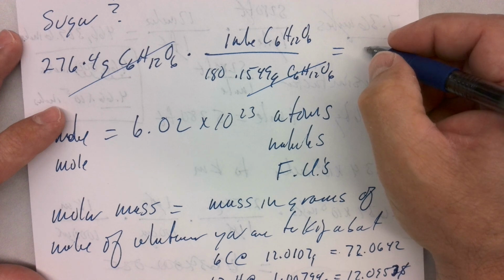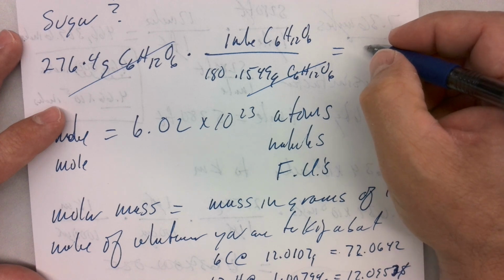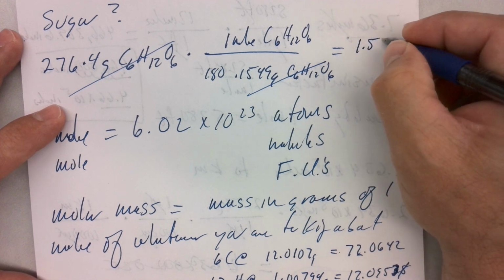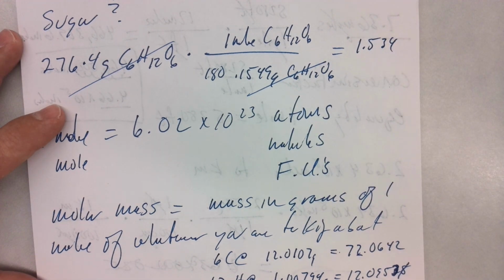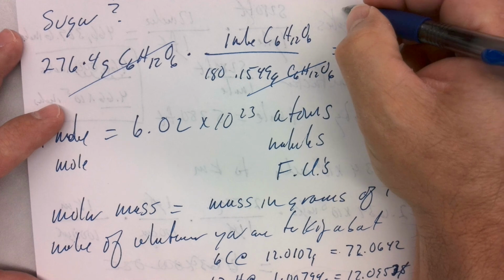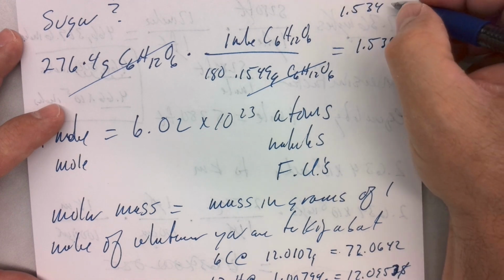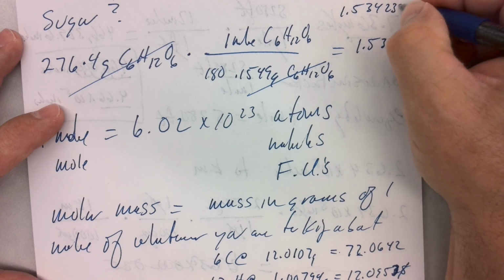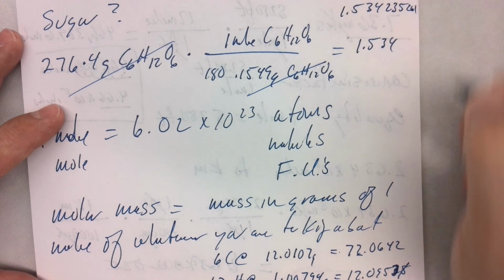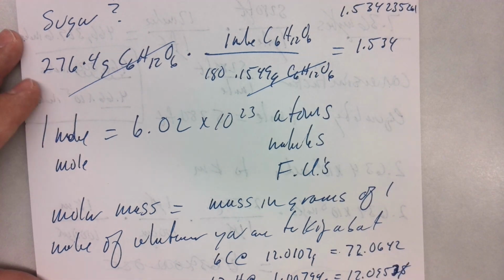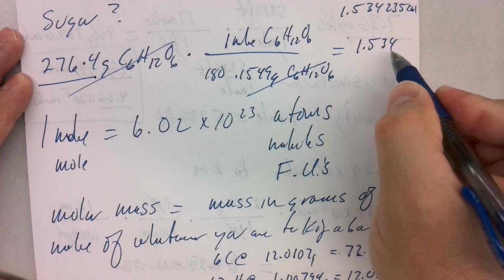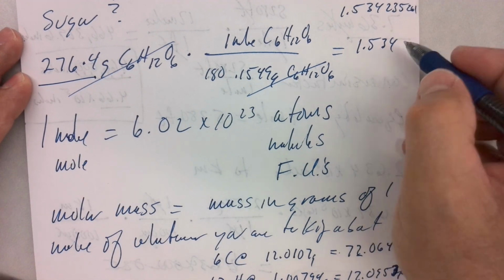So it's 4, so that would be 1.534. What did your calculator spit out? 1.534235261. Okay, well, clearly I can't have that many. He was right. I got 4 there. My answer can have 4. Did you round that right?